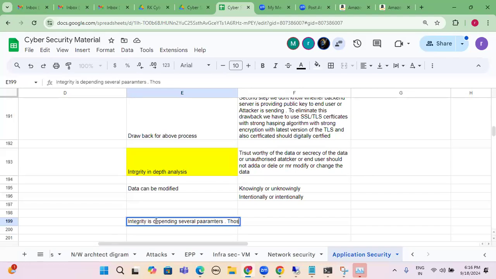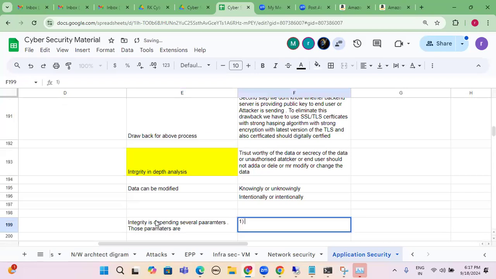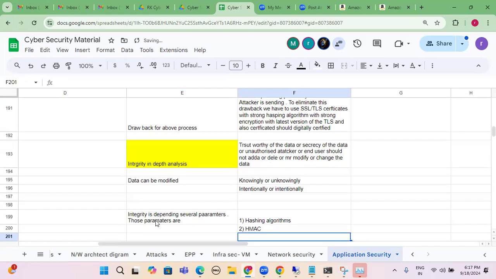Those parameters are: first one, hashing algorithms; second one, HMAC; third one, anyone?